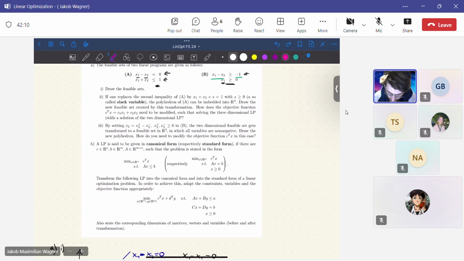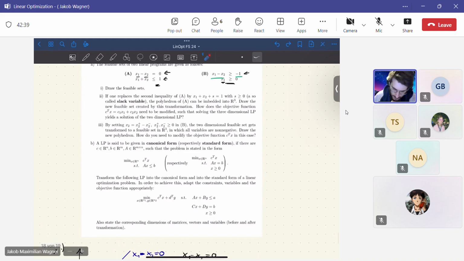We have some variables x and y, and we have the splitting of the objective function, and then we have some inequality constraints that depend linearly on the x and y, and some equality constraints that depend linearly on the x and y. We did the splitting into x and y because the x's might have sign constraints and the y's might not have sign constraints. So this is the most general form of a linear optimization problem that you might encounter.